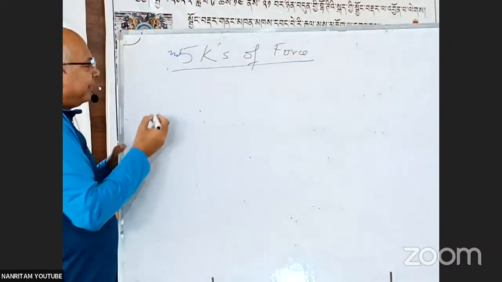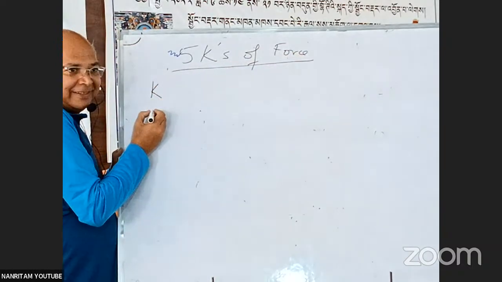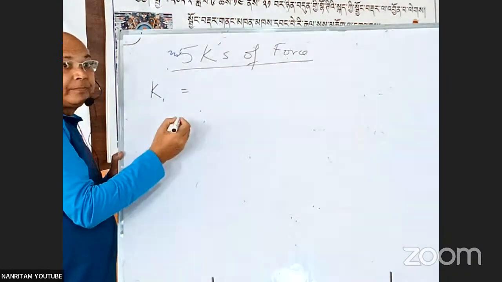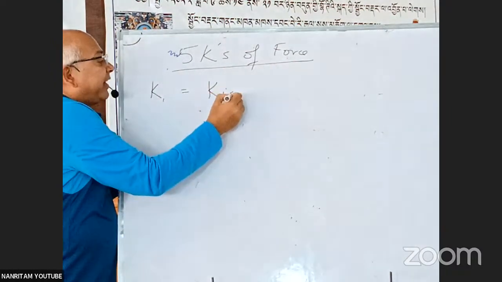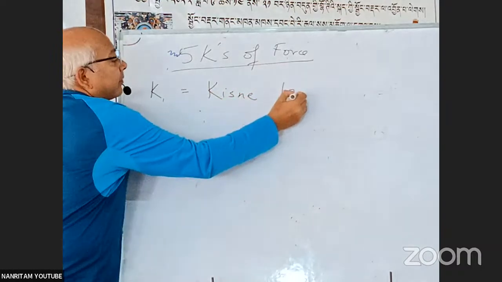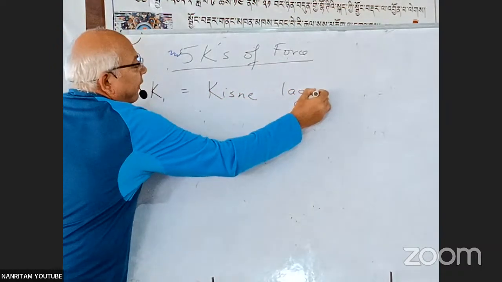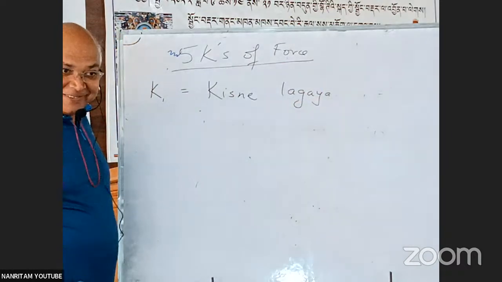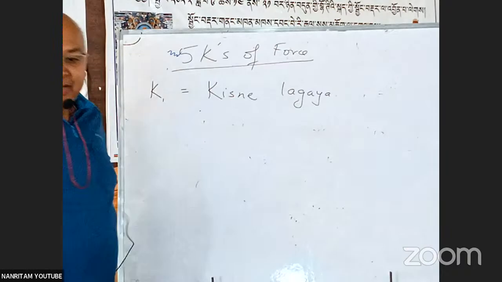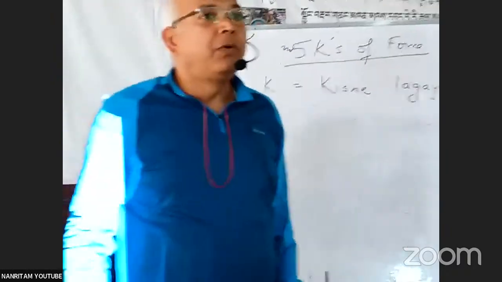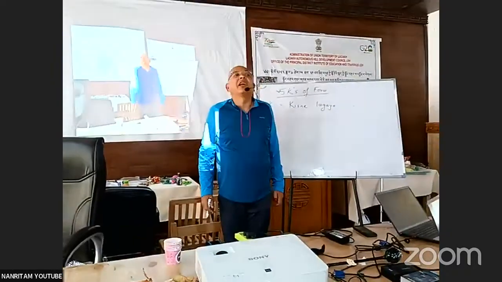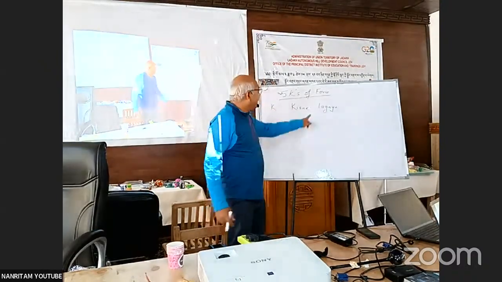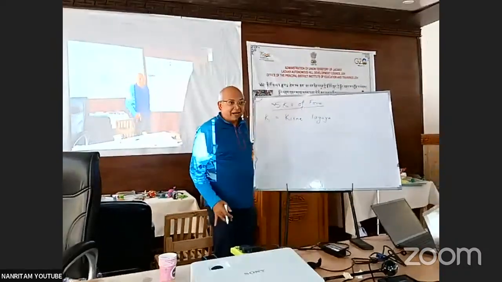5 Ks. First K, K1, है किसने लगाया. फोर्स किसने लगाया? अभी मैं यहाँ पर खड़ा हूँ, मेरे पे एक फोर्स लग रहा है. कौन लगा रहा है? बोलेंगे ग्रेविटी ने लगाया.